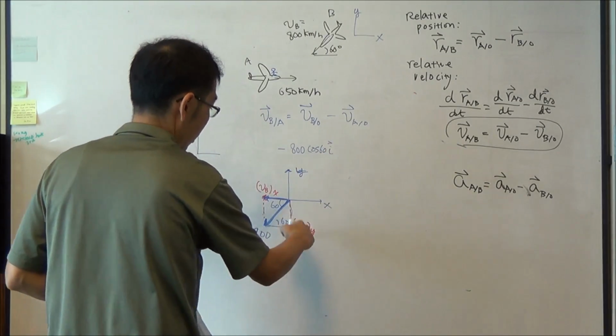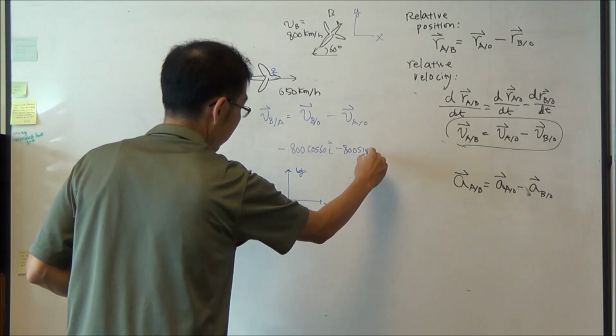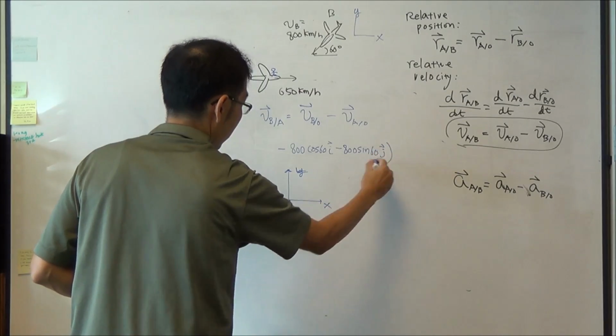And the Y direction is negative, so this is 800 sine 60 j.